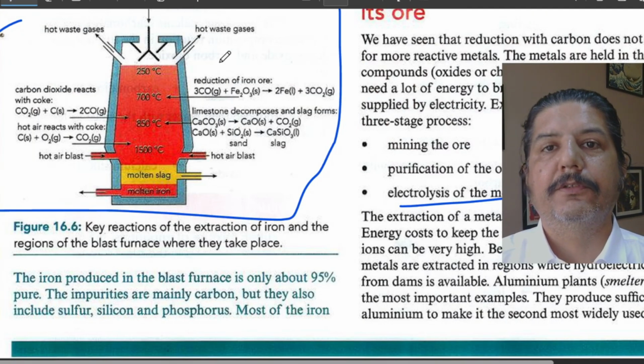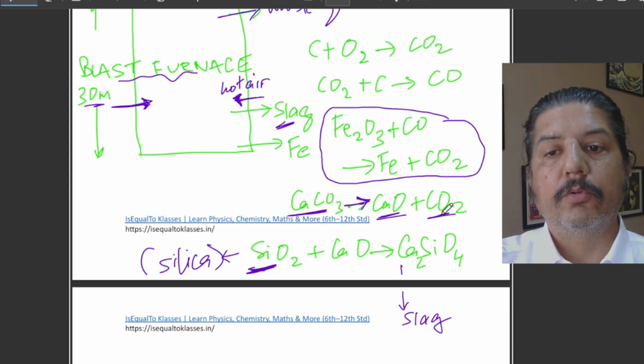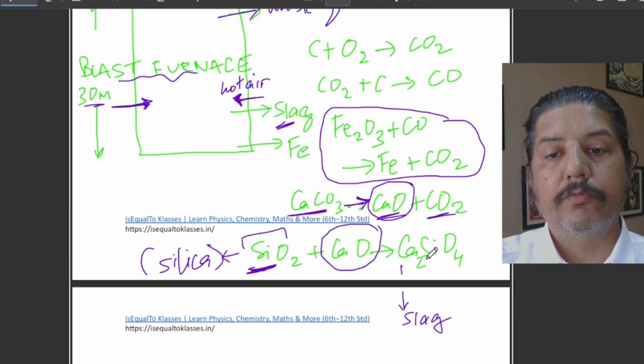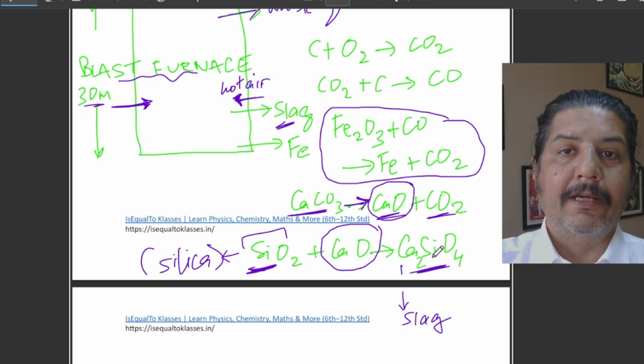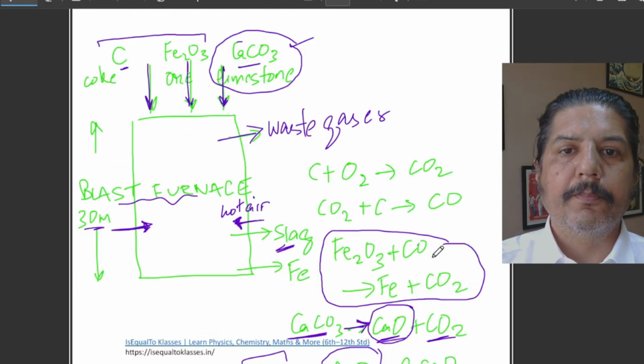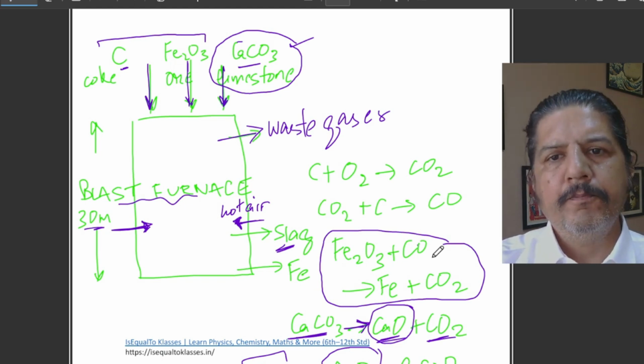So the limestone that you are adding converts into CaO plus CO2. Now this CaO reacts with the silica to form slag. This slag is drained off from the blast furnace. So the purpose of the limestone is just to remove the main impurity which comes with the iron ore.